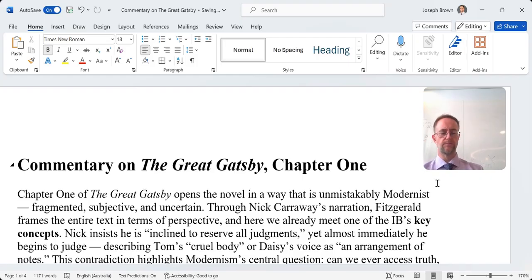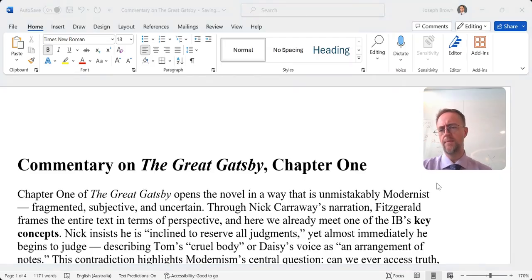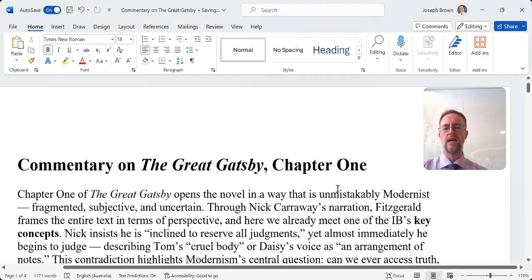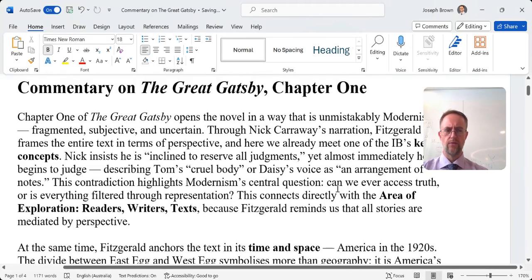It becomes complex, but that's what we're supposed to be doing in IB English A. We are trying to study these texts at a higher level than as a simple meaning.